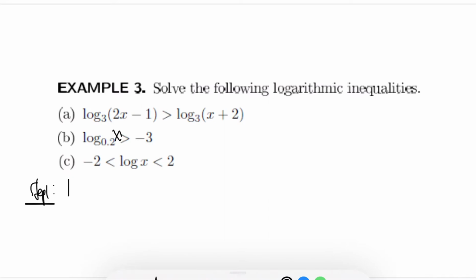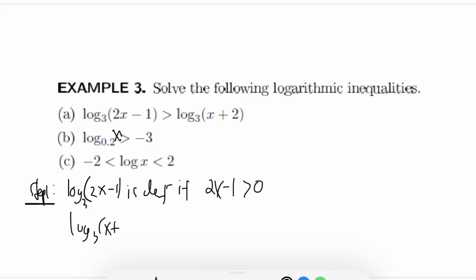Log of 2x minus 1 base 3 is defined if 2x minus 1 is greater than 0, and the other one is defined if x plus 2 is greater than 0. So x must be greater than 1/2 and x must be greater than negative 2.